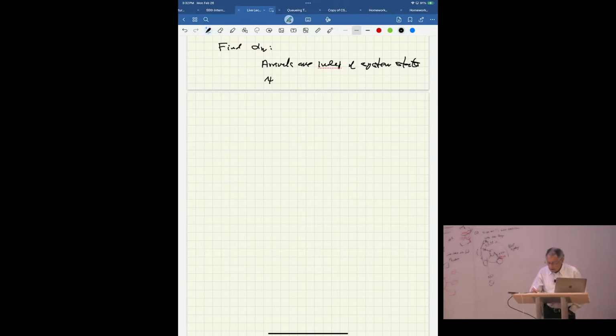Xn is independent of the system state, and is distributed as capital B of x.